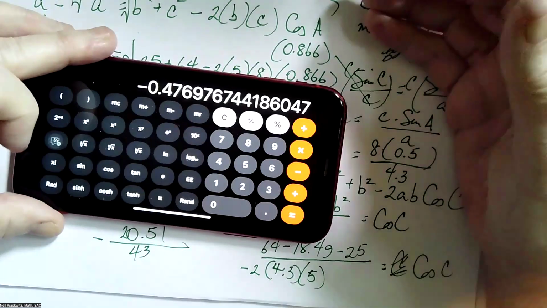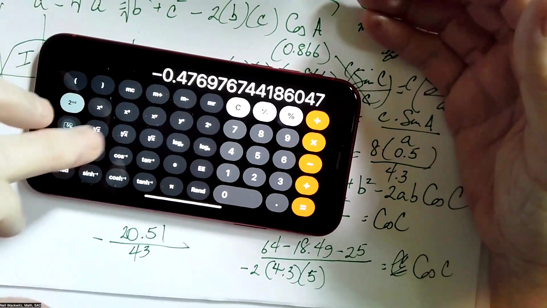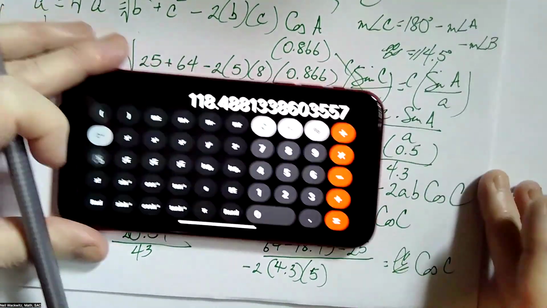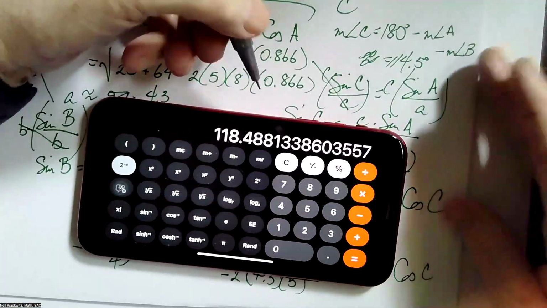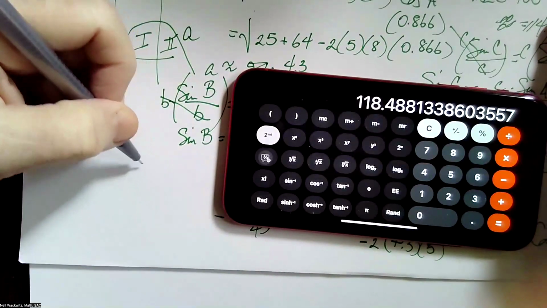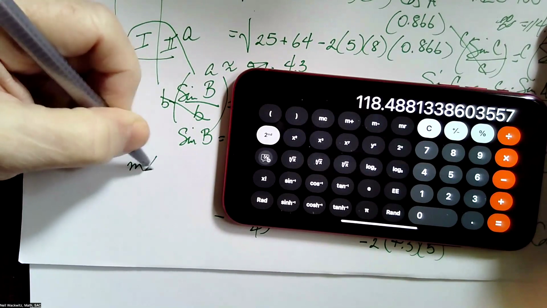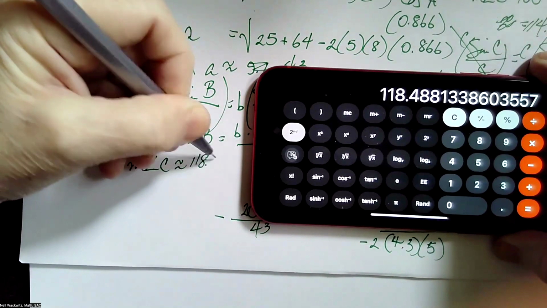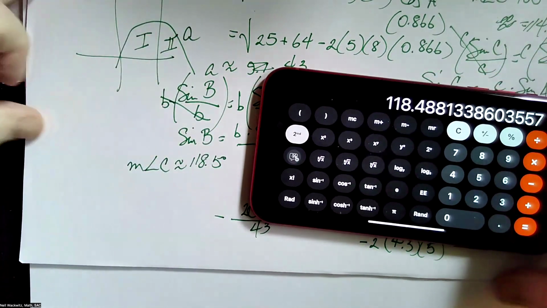It's negative inverse cosine. That's better. So we get, it's not close to what we had though, so that's interesting. We get that the measure of angle C is approximately 118.5 degrees.